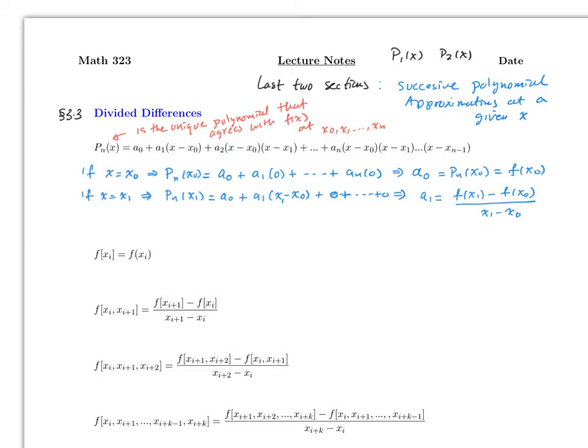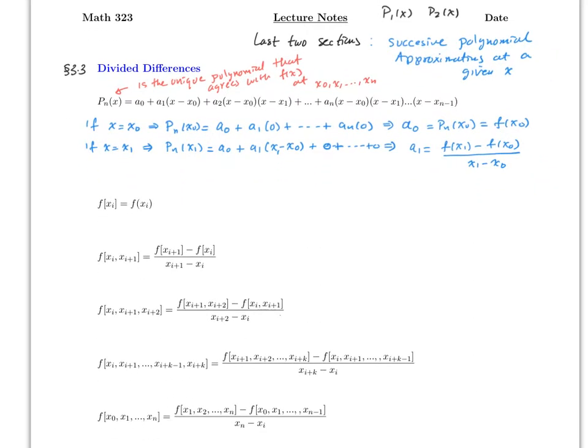Remember that the polynomial agrees with the function at this specific point, so therefore f of x1 is technically the same thing as p of x1, but we're going to use everything using the f function. So remember that f and p of x are clearly not the same thing. They just agree at a specific point.